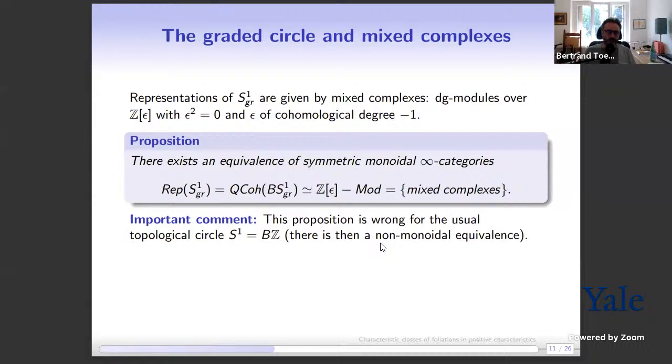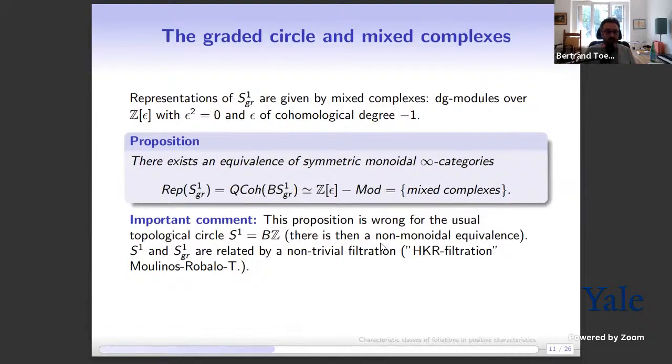To put this differently, the circle and the graded circle share the same category of representations, but the tensor products are different. So they are the same categories, but different as symmetric monoidal categories. Okay.